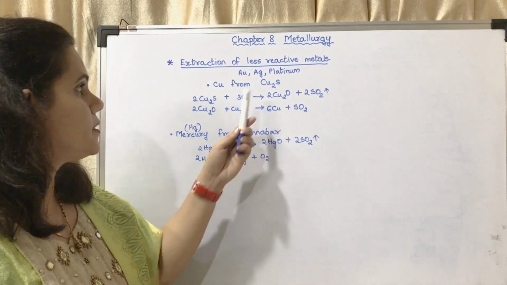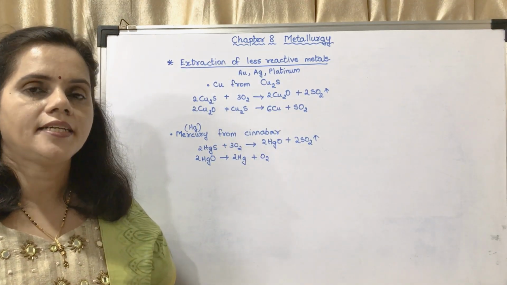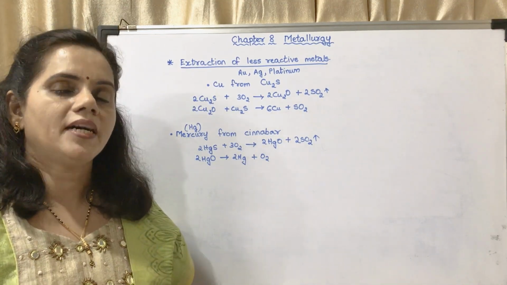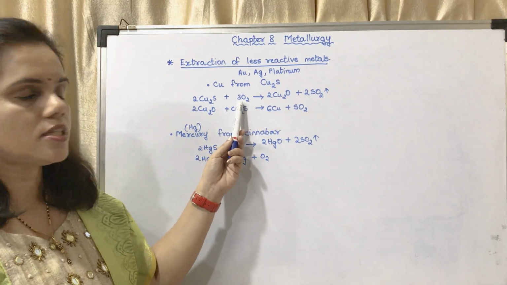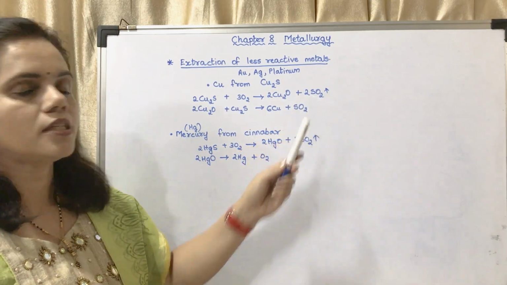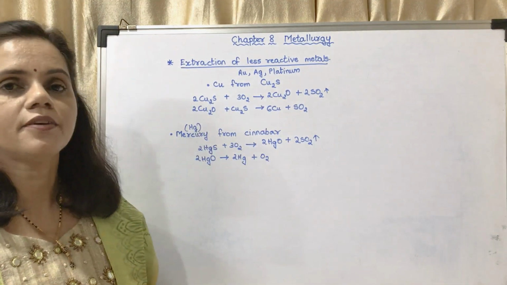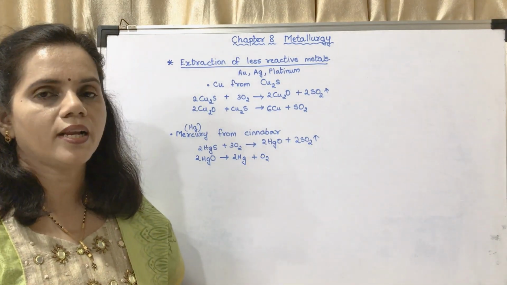In case of copper sulfide, that is Cu2S, this is just heated. They don't have to undergo different processes. Cu2S, if it is heated, will react with oxygen to form 2Cu2O plus 2SO2 gas. That Cu2O, if it is further heated, will form copper.